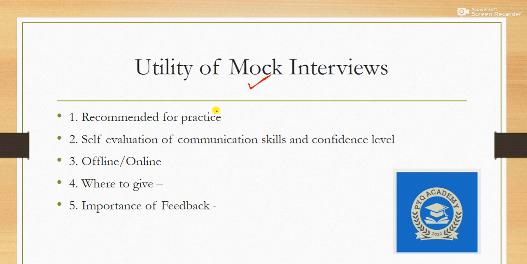First of all, how important are they? Yes, they are important to build your confidence, especially for first-attempt students who never experienced any UPSC interview or any other interview of this level. So I recommend that they should have mocks, and especially offline.